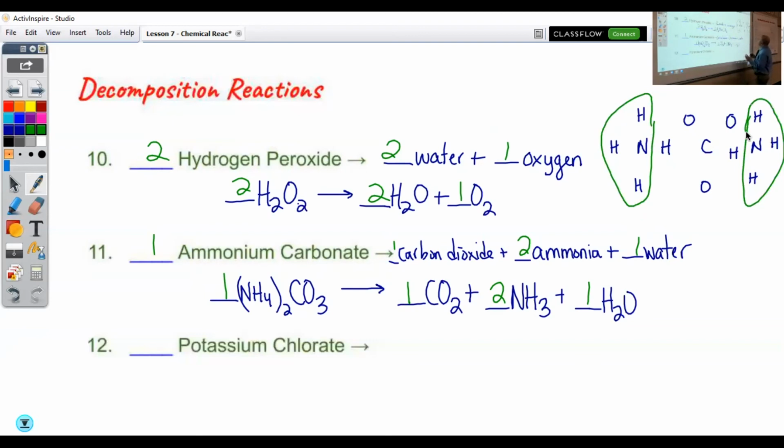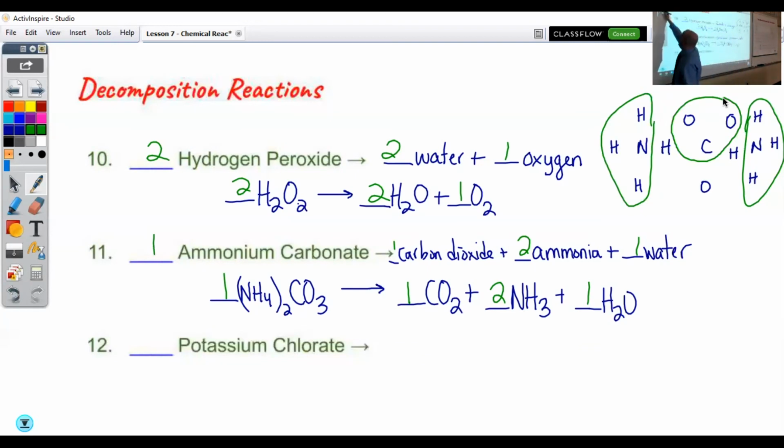We have 2 hydrogens and an oxygen, and then we have CO2. So if you imagine this part forming the CO2, and then what's left over is our water. That was a tricky example.